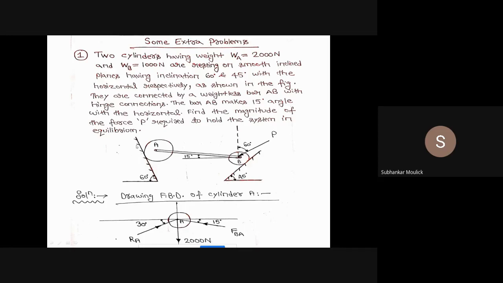Cylinder A is placed on an inclined plane making an angle of 60 degree with the horizontal, whereas cylinder B is placed on an inclined plane making an angle of 45 degree with respect to the horizontal.